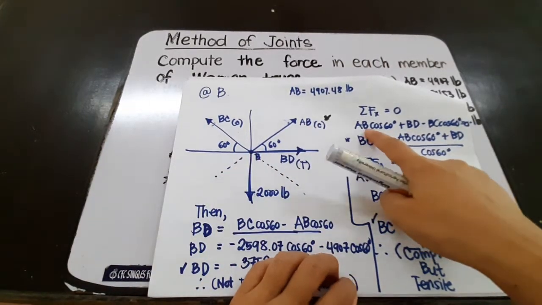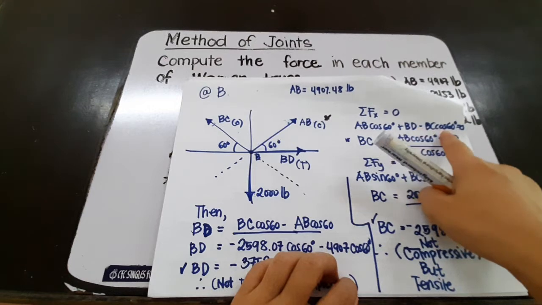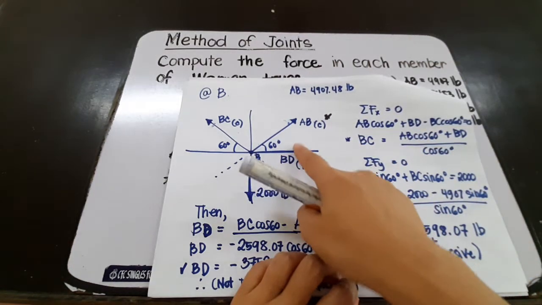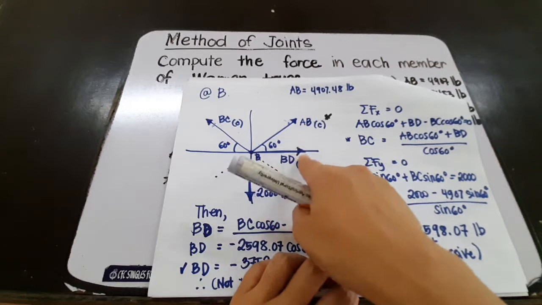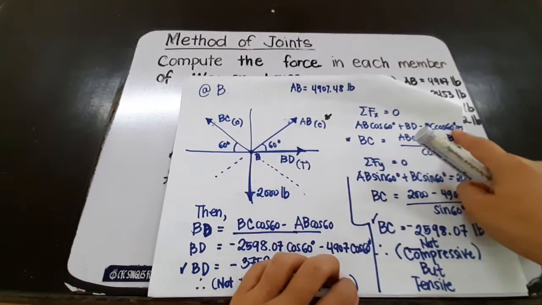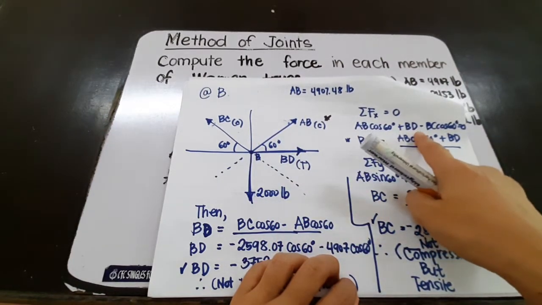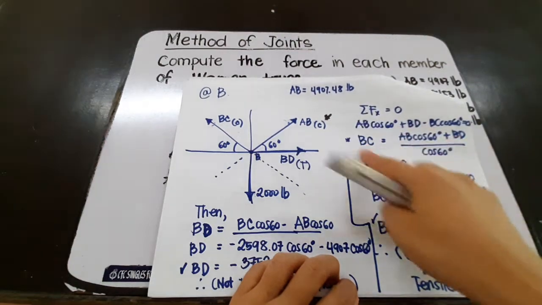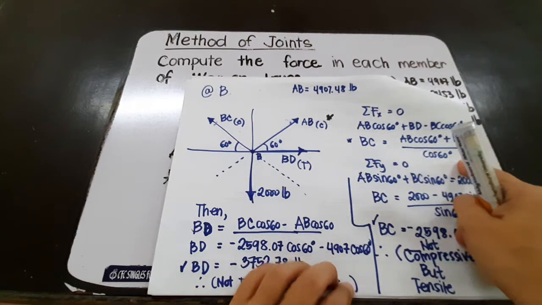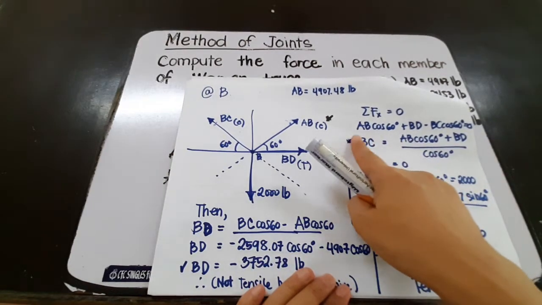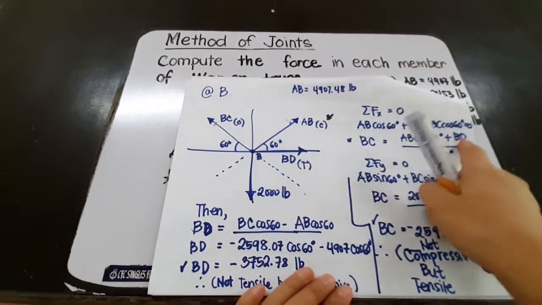So we have AB cosine 60 plus BD minus BC cosine 60. We assume here positive force in the positive direction for AB and BD. Manipulating this one, BC is equal to AB cosine 60 plus BD all over cosine 60. Let's leave this one because we have two unknowns.